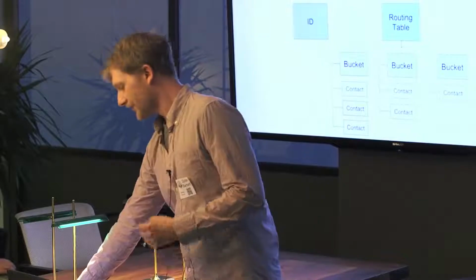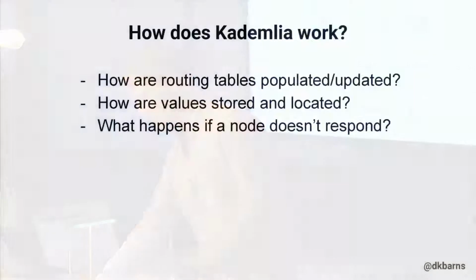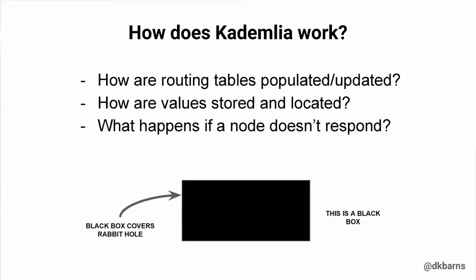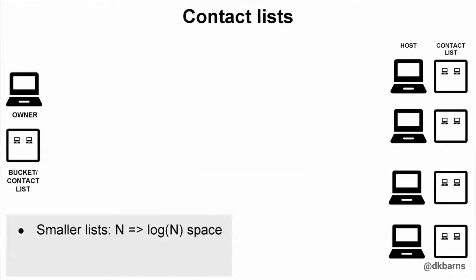These are interesting details, but there's a lot more questions about how this system would work, and it would take, honestly, a lot of time to explain. So I'm not going to do it. We're just going to black box this for now and hop over that rabbit hole. But let's return to our system.